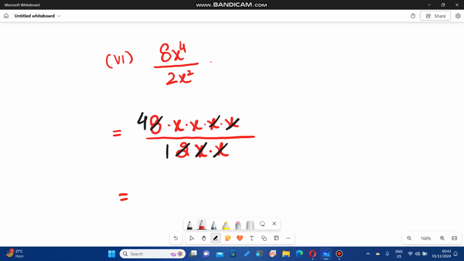What is our answer? Our answer is going to be 4 and x's. We have 2 x's in the numerator, that means x times x is x square, and we are left with nothing. We can write 1 or we can simply ignore it. So our answer here is 4x squared.